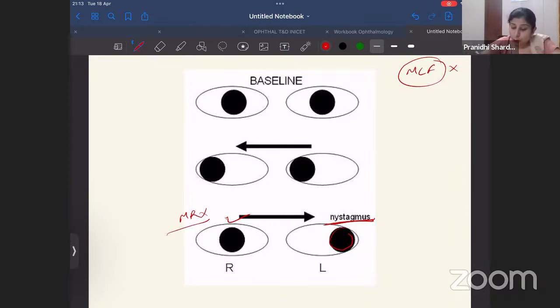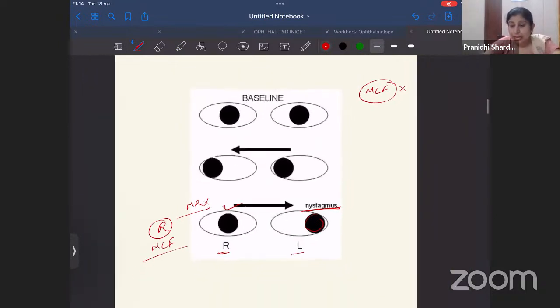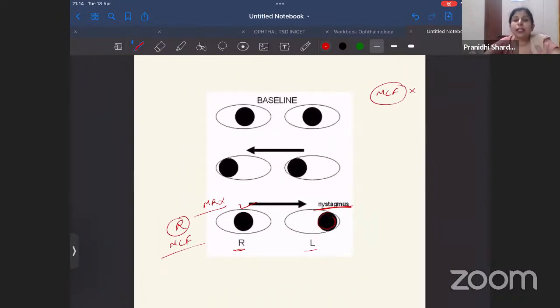Now, if this is the right eye and this is the left eye, which side of the MLF is gone? It is gone from the eye which is not able to adduct. That is, the right side of the MLF is gone. Whenever there is internal nuclear ophthalmoplegia, adduction of the abnormal eye is gone.